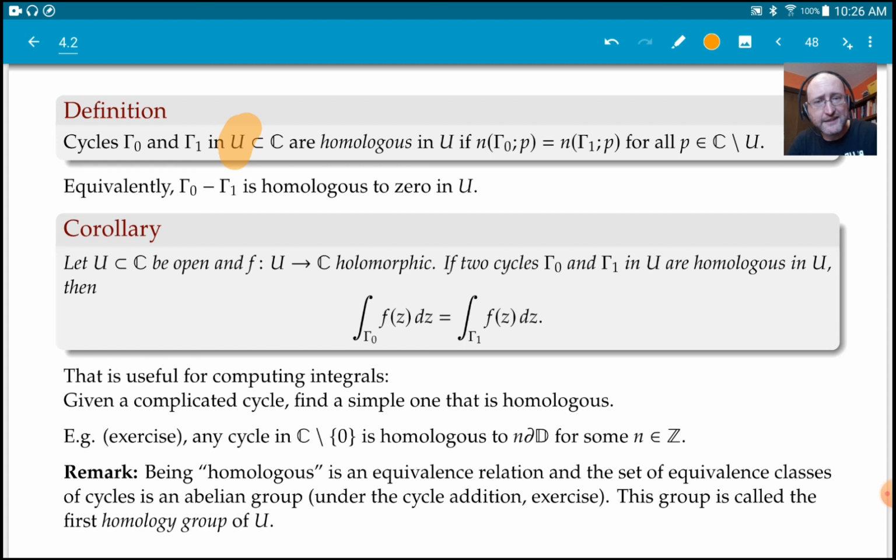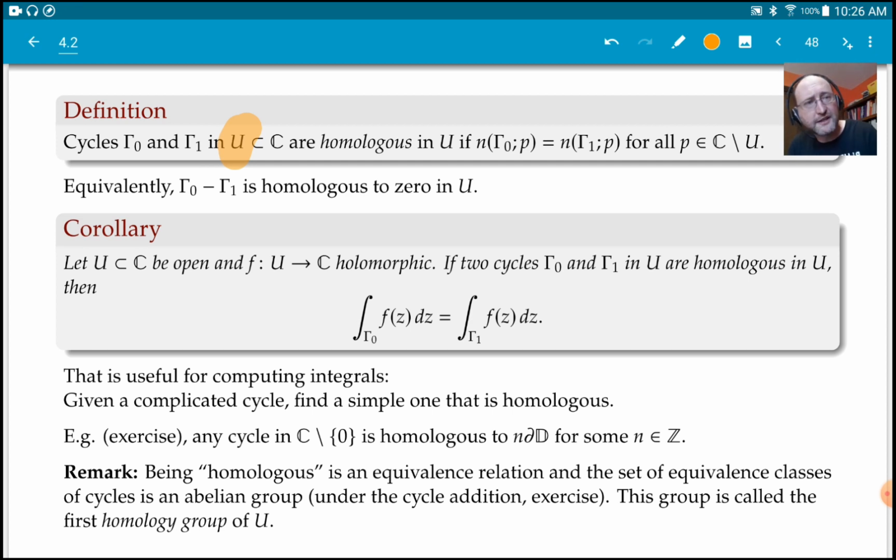But it's more complicated than that. But for open sets in C, it really is just that. It sort of studies how complicated the topology of U is.